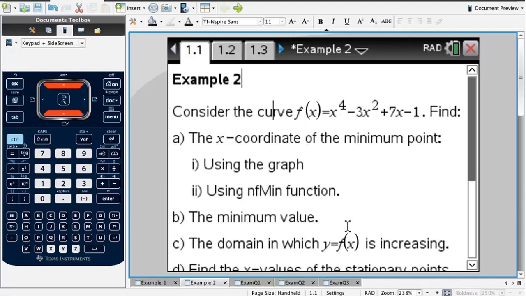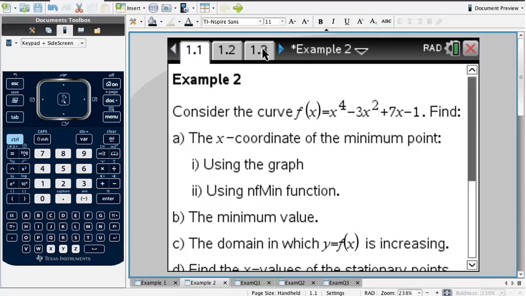So for this curve, the derivative would be 4x cubed minus 6x plus 7. So we want to know when that derivative equals 0 because that'll give us a stationary point.